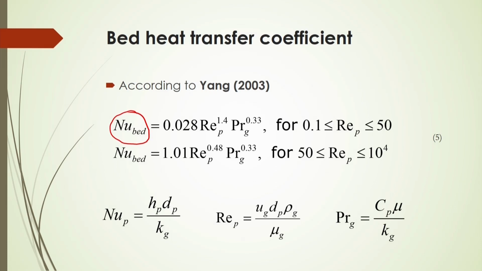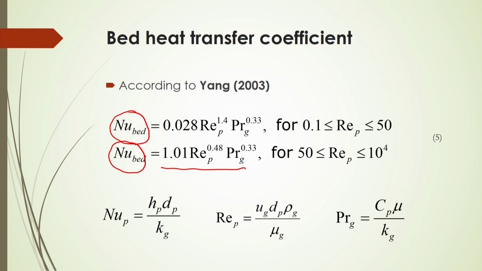Whereas, if the Reynolds number is greater than 50 and up to 10 to the power 4, then the Nusselt number of the bed will be represented by this correlation: 1.01 into Re_p to the power 0.48 into the Prandtl number to the power 0.33.